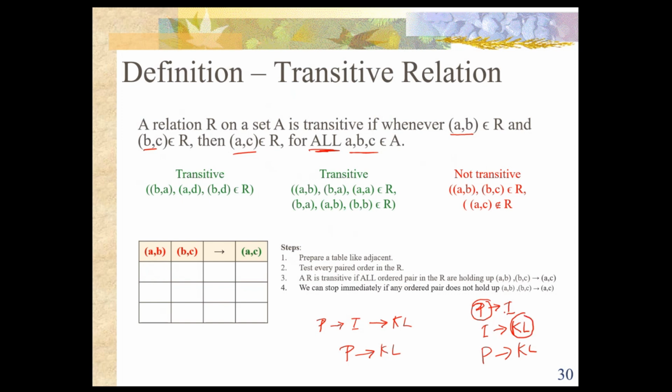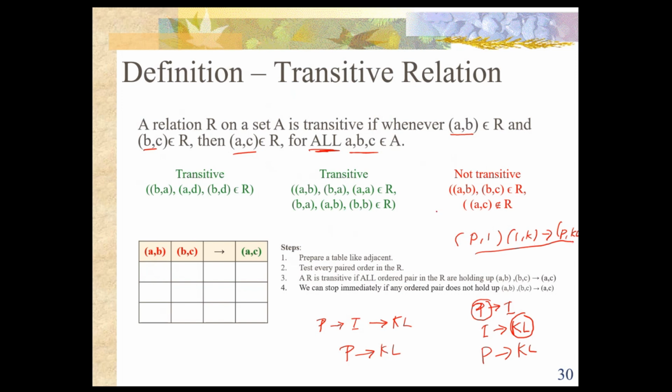We are looking for this pattern for all the members of the set. So we are going to put it this way: if there's (P, I), there's (I, K), then that should be (P, K). Right?